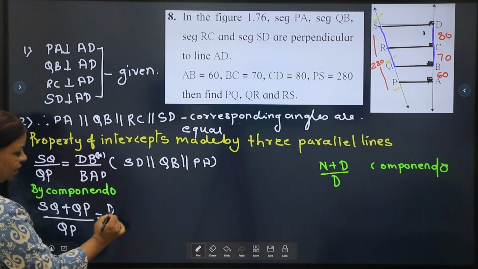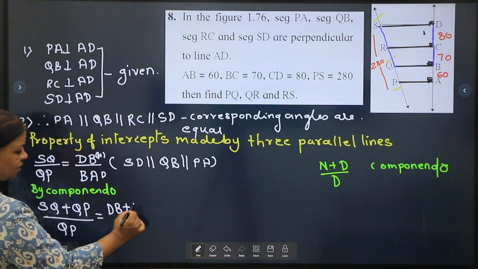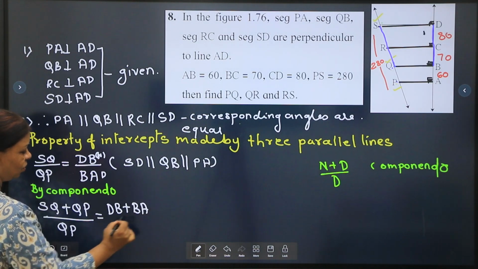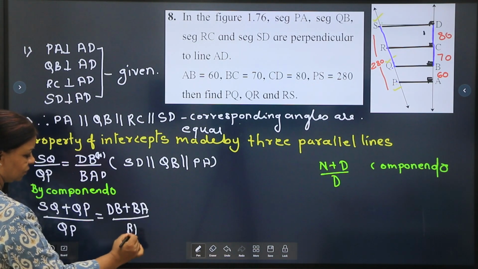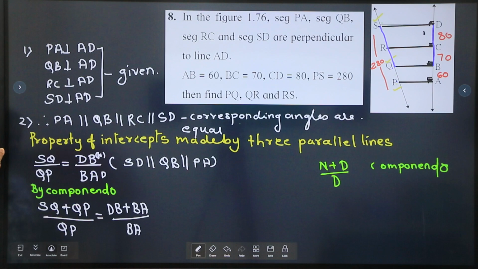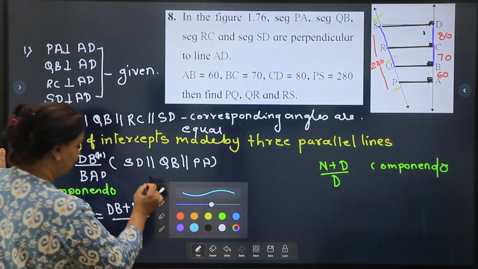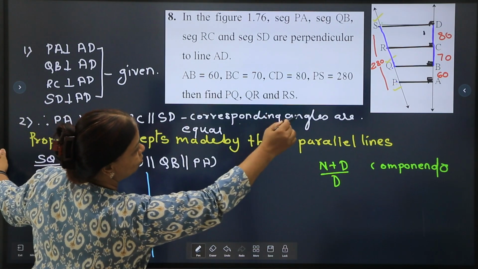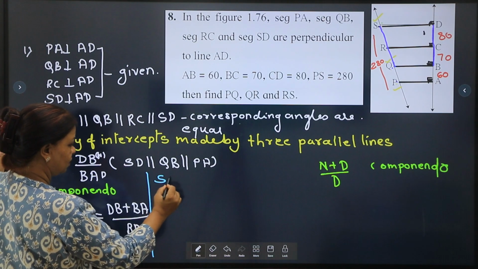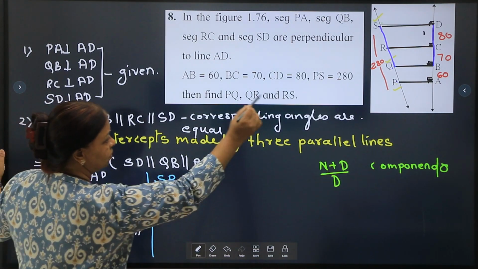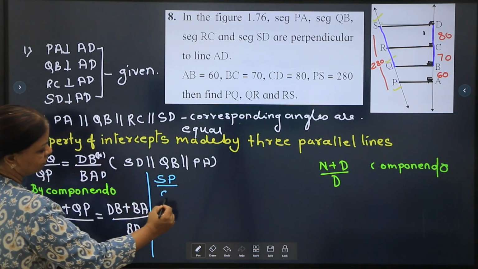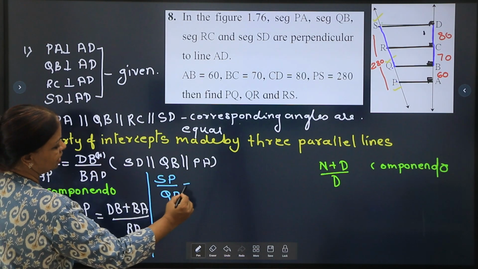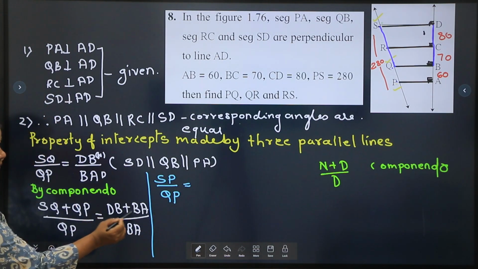So DB plus BA upon BA, using componendo on both sides. SQ plus QP will be SP. SP upon QP is equal to DB plus BA.